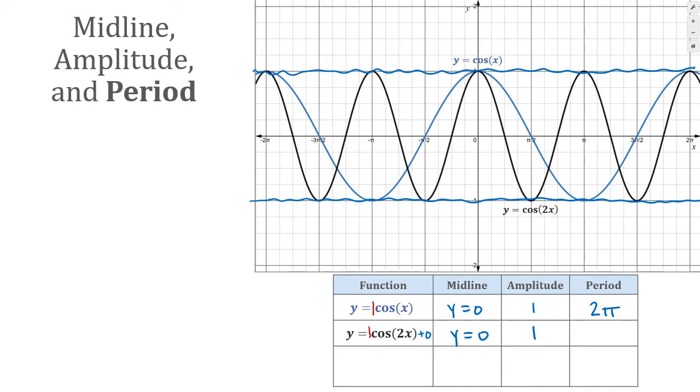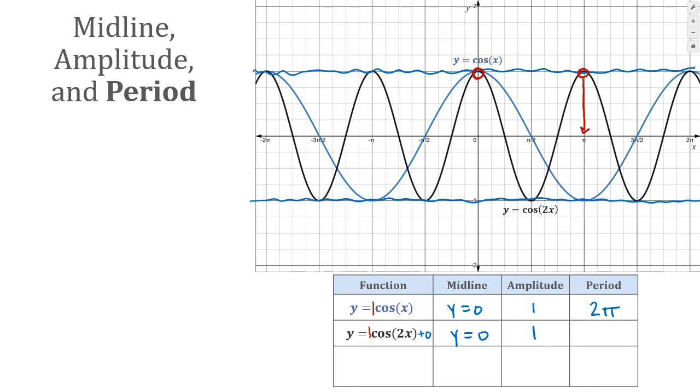Now, what about the period? Has the period changed? If we pick a first point, let's just pick a first point at 0, 1. Okay, now we're looking at the graph of y equals the cosine of 2x. We see that curve go down and then come up and begin to repeat, not at 2 pi like it was before, but actually at pi.